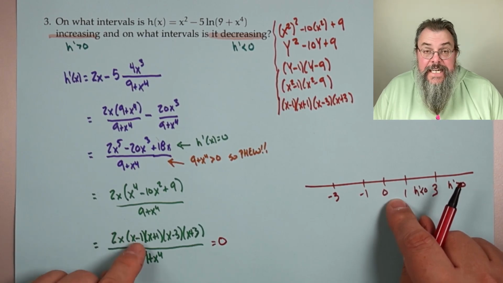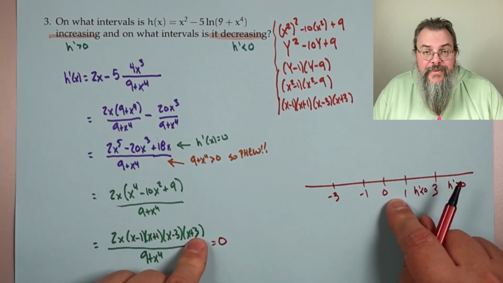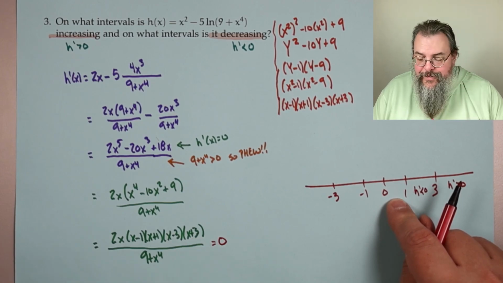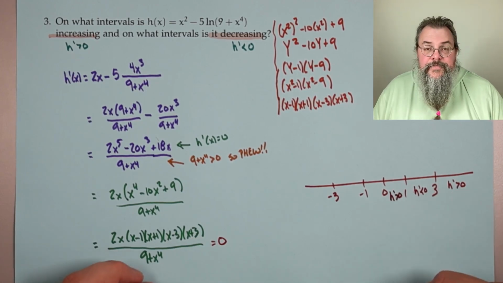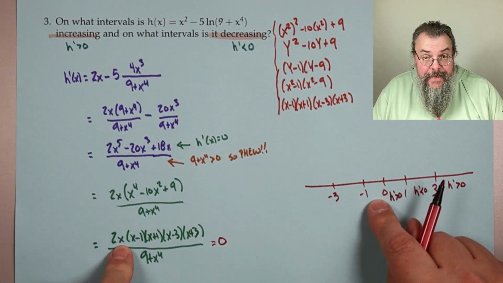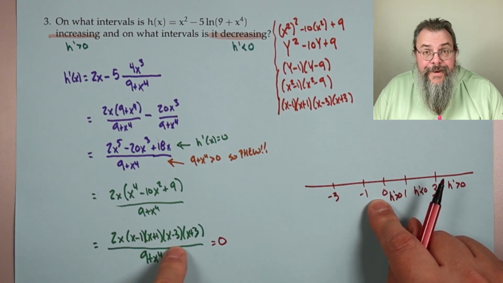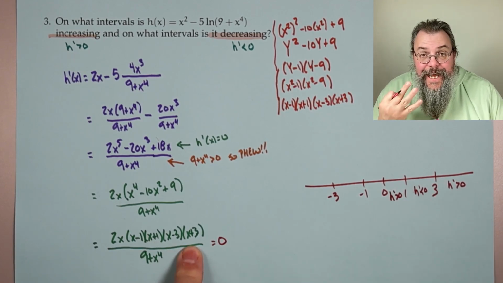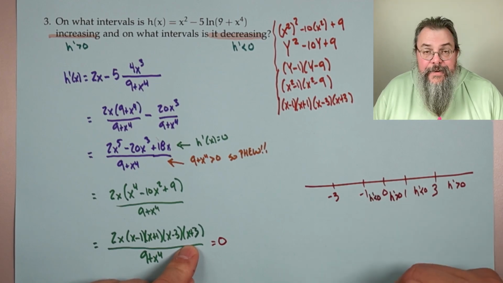Positive, negative, positive, negative, positive. 2 negatives. So that makes it positive. Okay, suppose we plug in negative a half. Negative, negative, positive, negative, positive. 3 negatives. So altogether, it's negative.